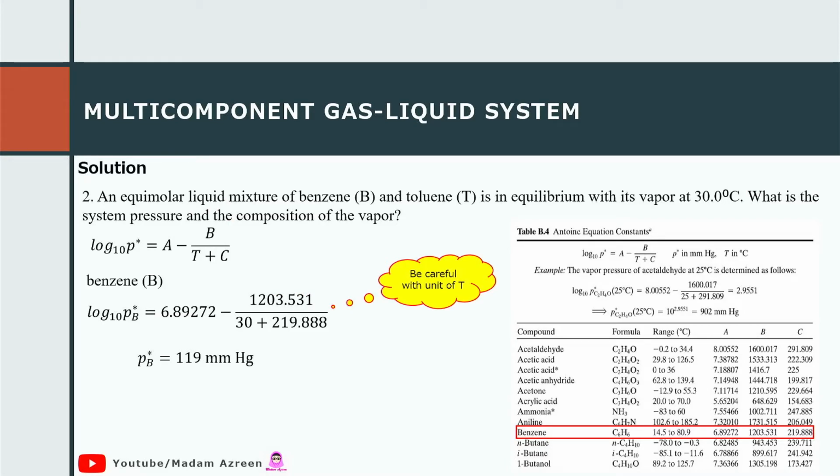We will use the Antoine equation here to determine the vapor pressure of benzene at 30 degrees C. We can determine this from the table: choose benzene, take the values of A, B, and C, substitute into this equation, and then you can get the vapor pressure of benzene at 30 degrees C.